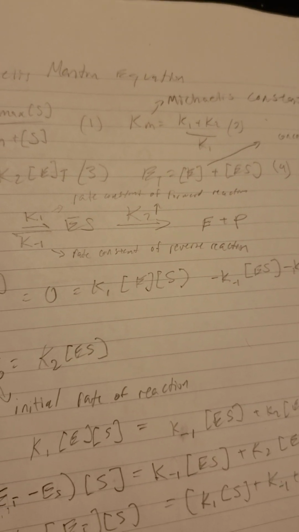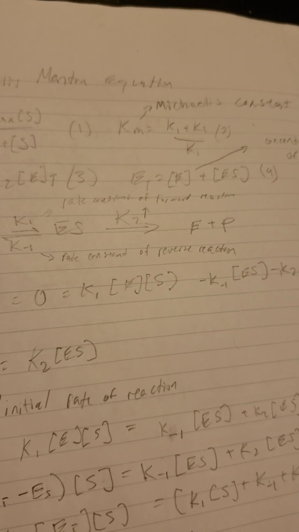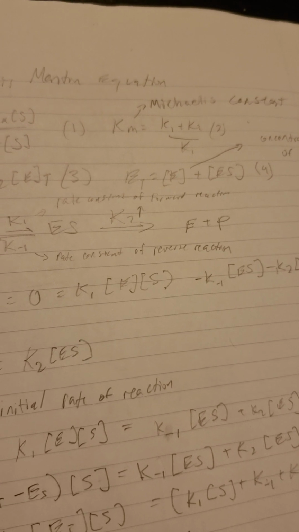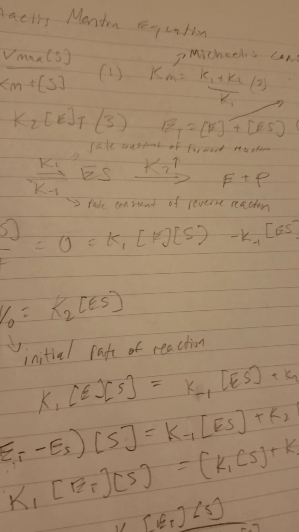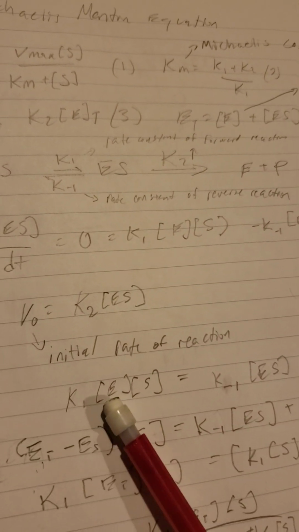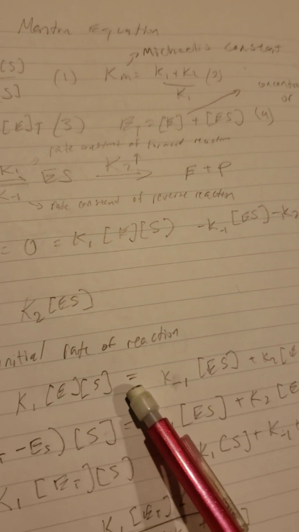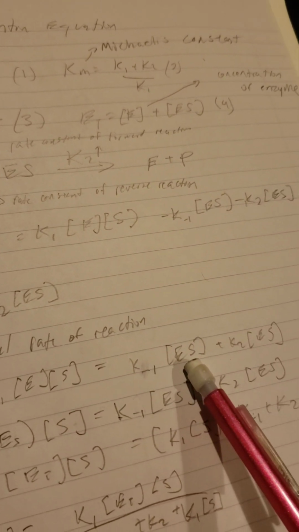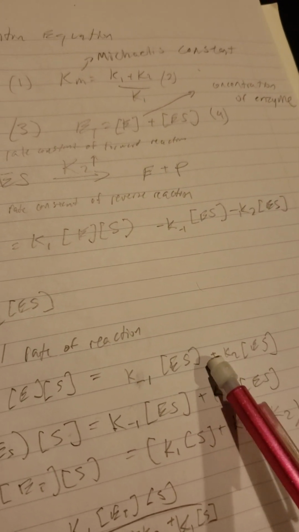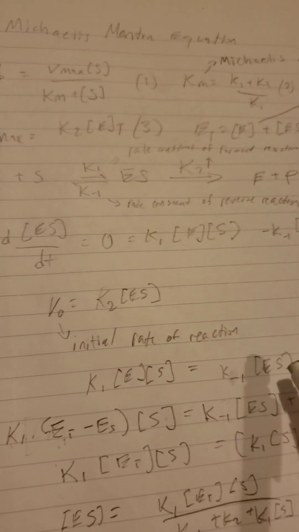But we can also assume that ES is very low and that it forms at the same rate that it gets broken down. So we can have right here this equation, K1 times the concentration of E times the concentration of S equals K minus 1 times the concentration of ES plus K2 times the concentration of ES.